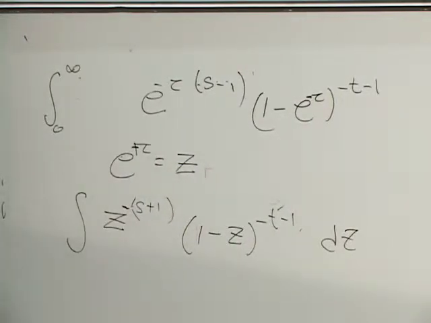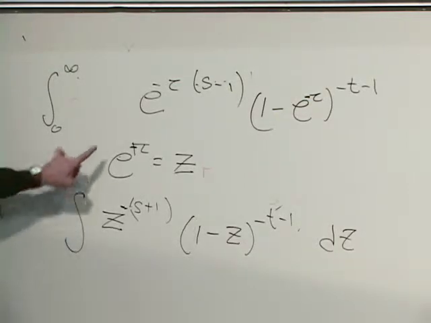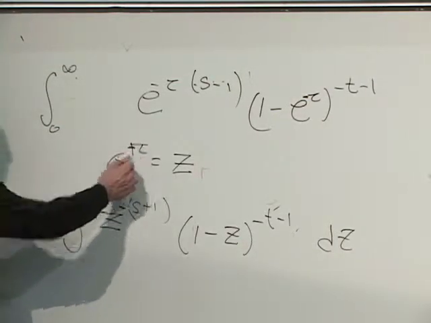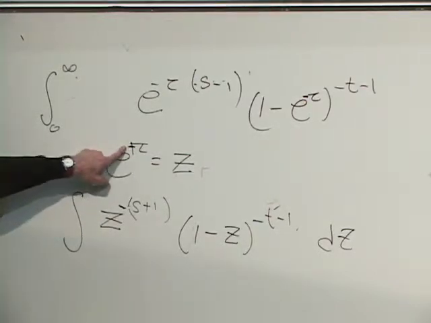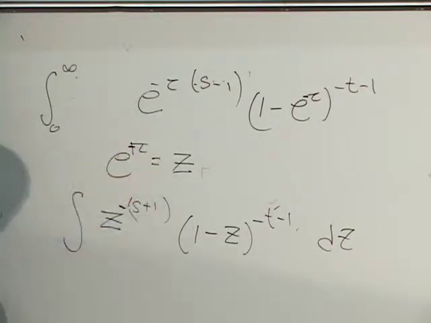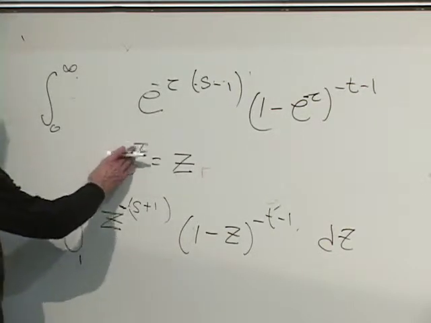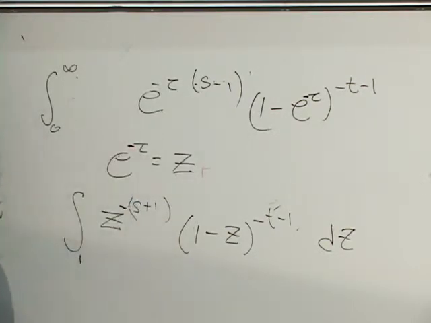I don't remember. But it's just dz. This is the formula. And where does the integral go? The integral goes from tau equals 0, where z is equal to 1, to, this is minus. I'm sorry, I'm making a mess out of it. E to the minus tau is equal to z, to tau equals infinity.